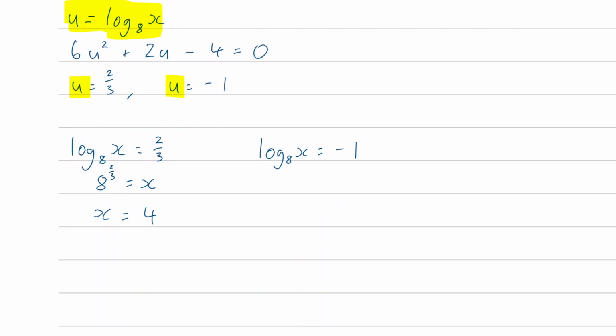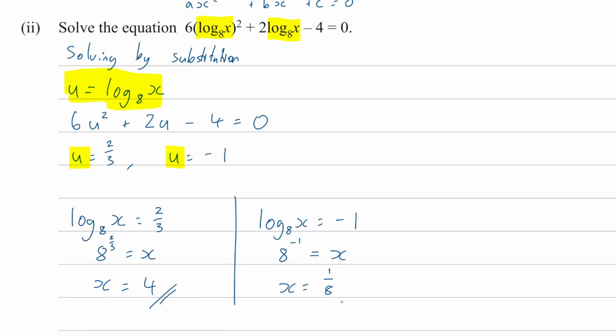And now on the other side, we have 8 to the power of -1 equals x, which is the same as 1 over 8 to the positive 1, or just 1/8. And so our two solutions for that log equation would be x equals 4 or x equals 1/8.